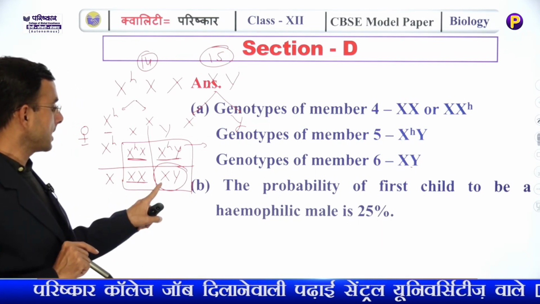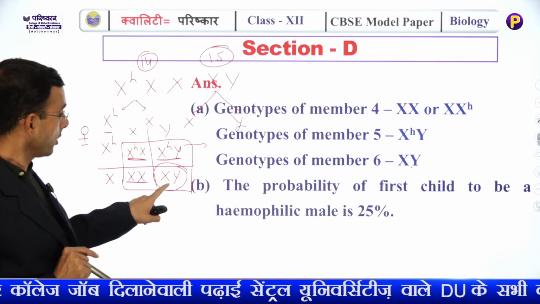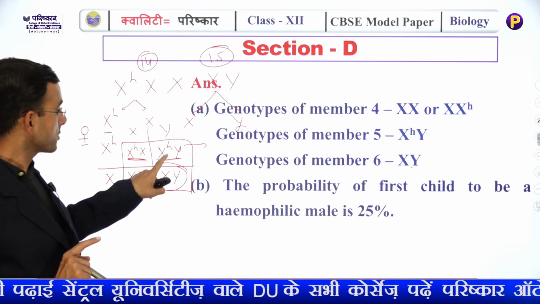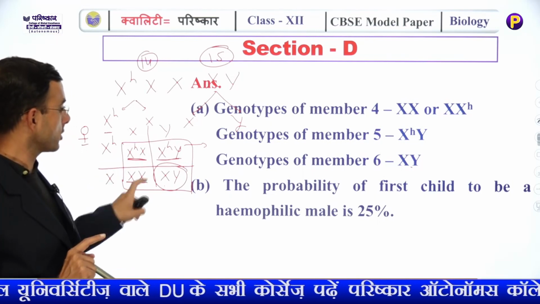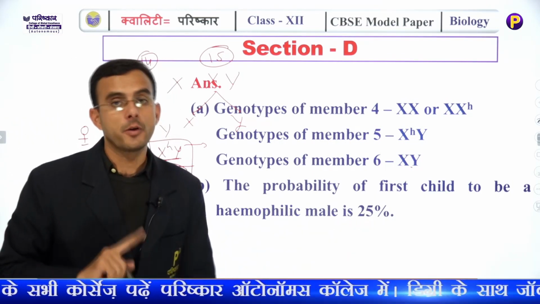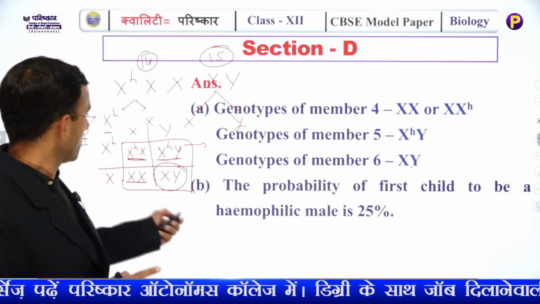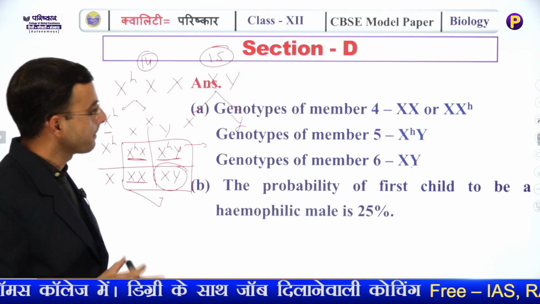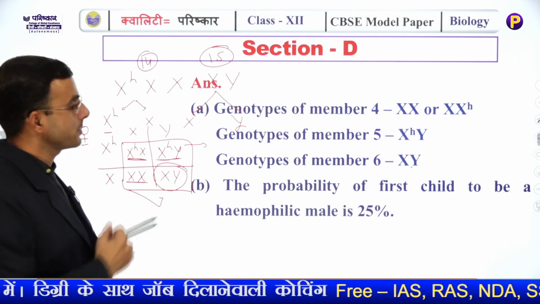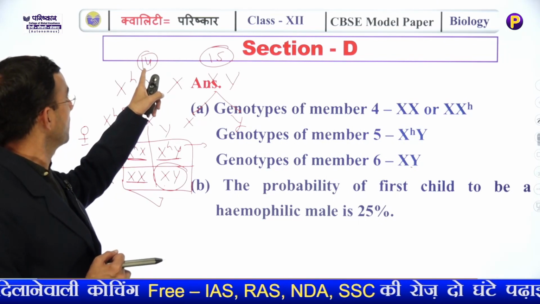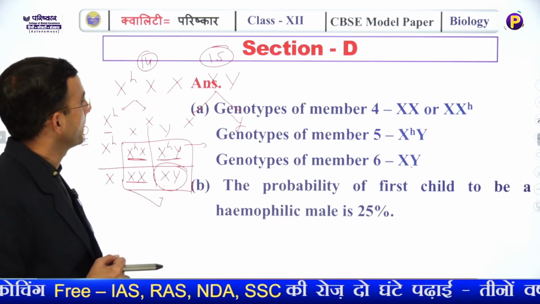Normal male is 25%, and 25% of the total is the hemophilic male. That is the Punnett checkerboard method to study the transmission of the hemophilic condition after a carrier woman marries a normal man.